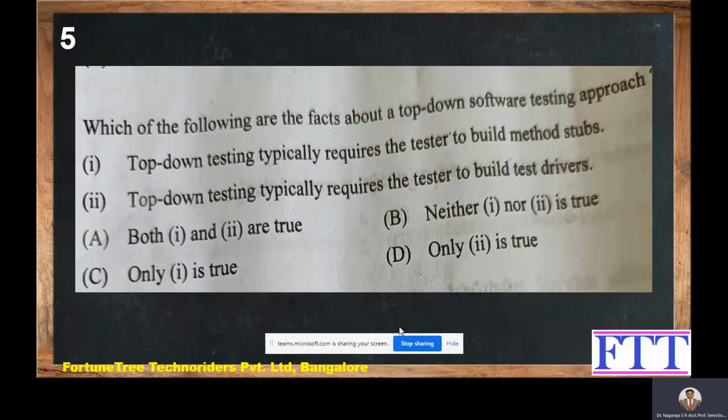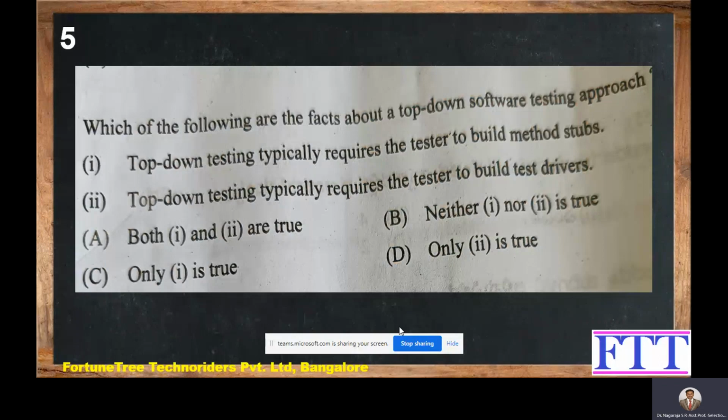Which of the following are the facts about a top-down software testing approach? First, top-down testing typically requires the tester to build method stubs. Second, top-down testing typically requires the tester to build test drivers.